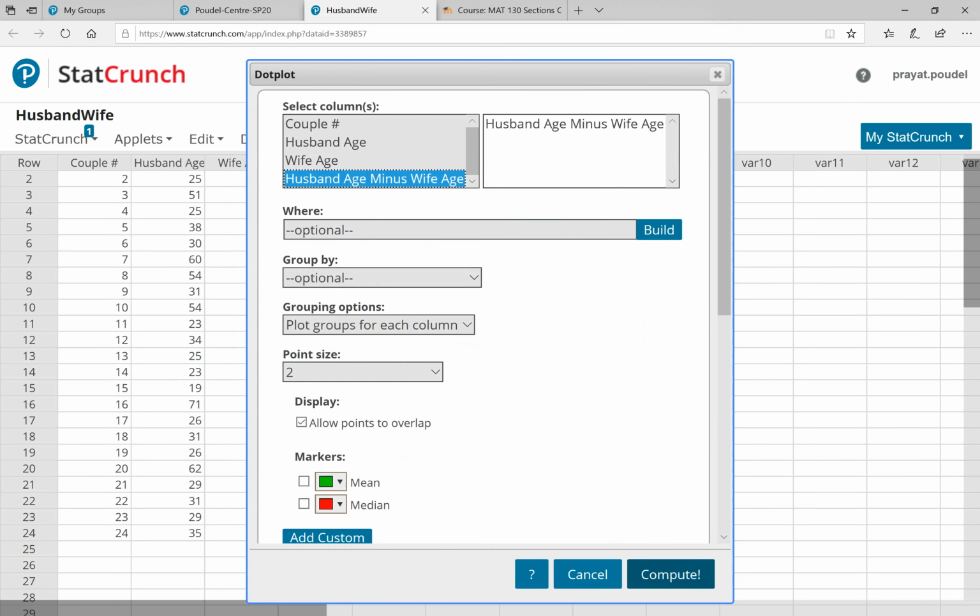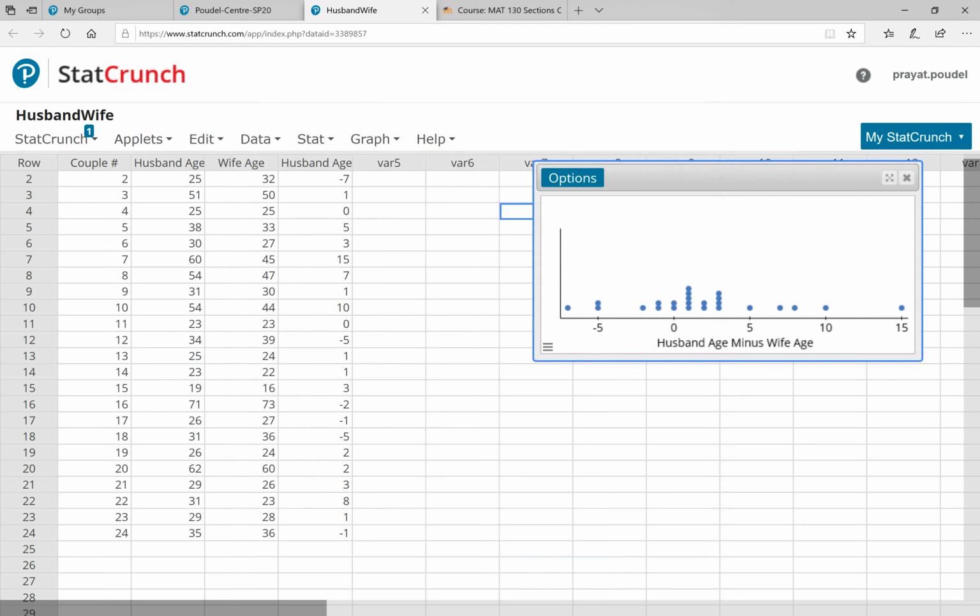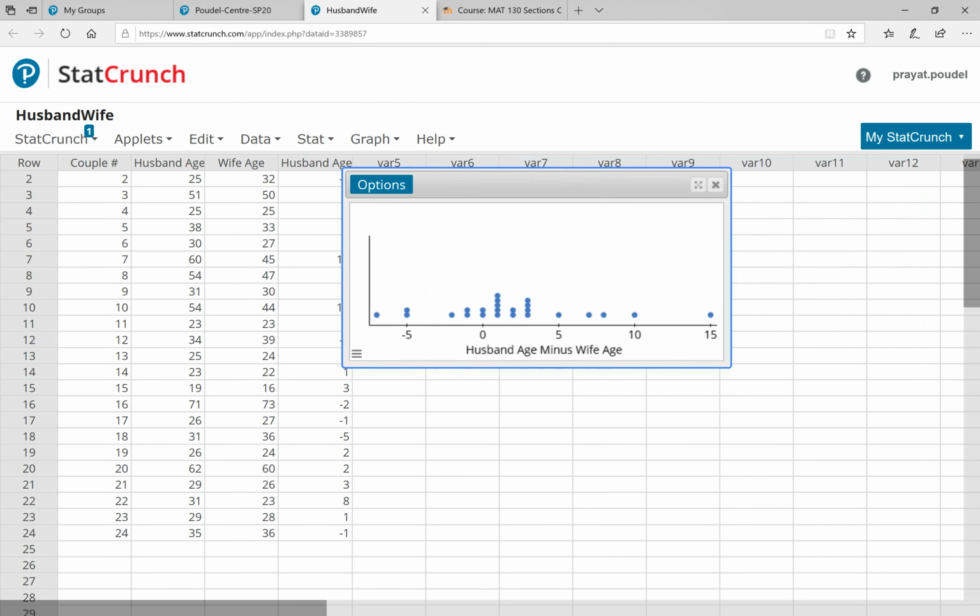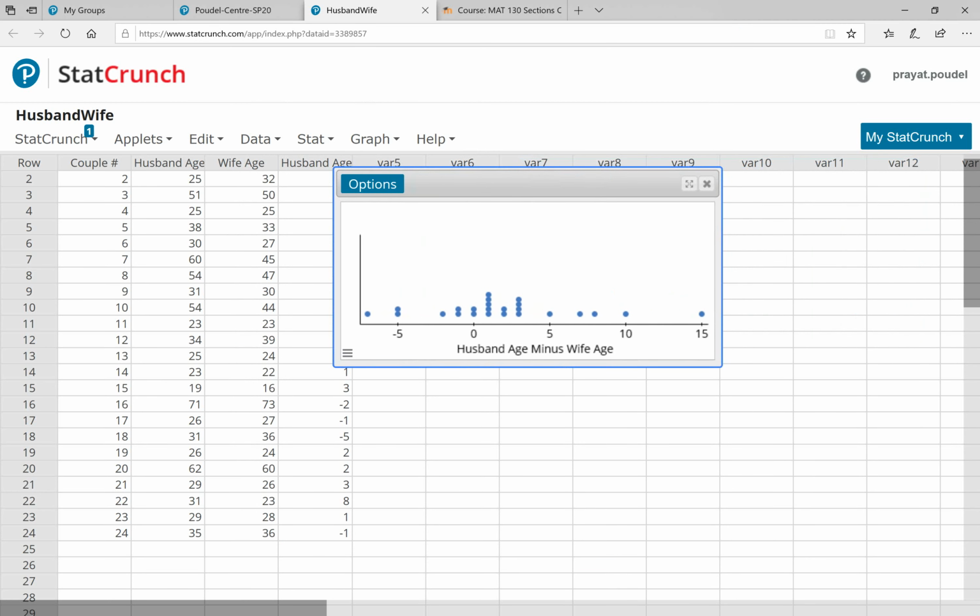And the dot plot we're going to do is husband age minus wife age, and we're going to compute it. And if we look at this data here, as you can see, most of the values seem to be in the positive range, 0 or bigger, right? So most of the data is to the right hand side of 0.